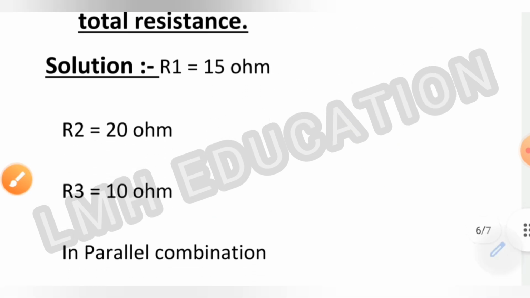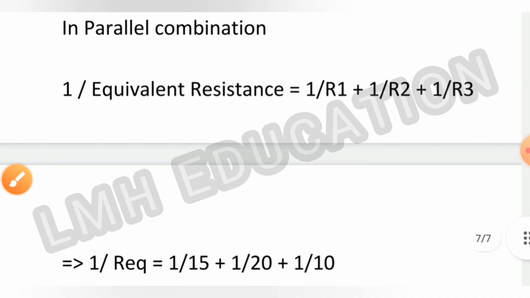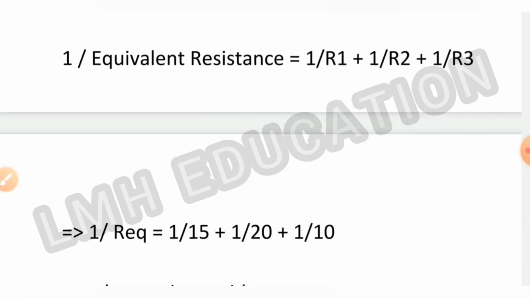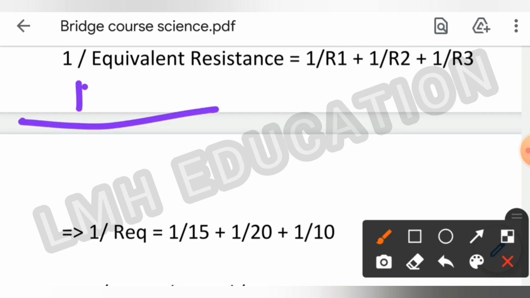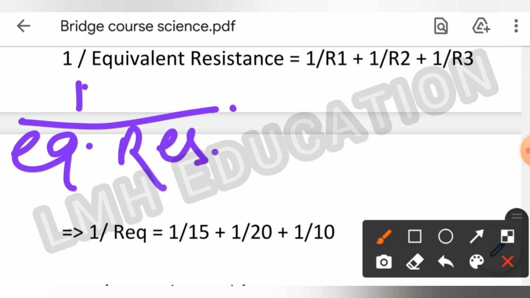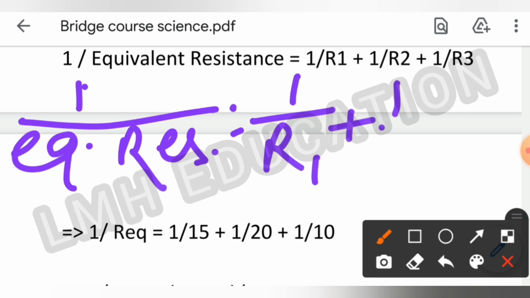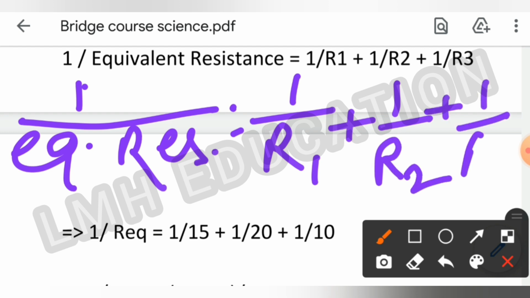Now, in parallel combination, you have to write like this: 1 by equivalent resistance is equal to 1 by R1 plus 1 by R2 plus 1 by R3. This is the formula.